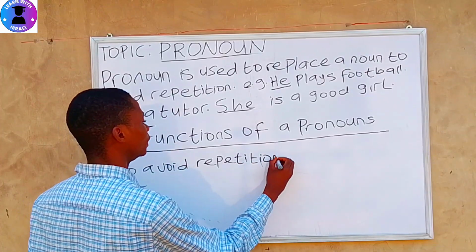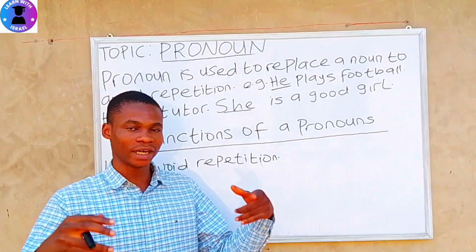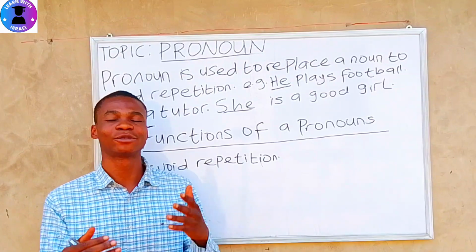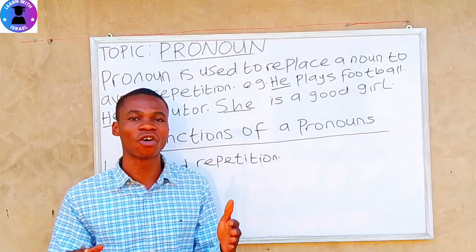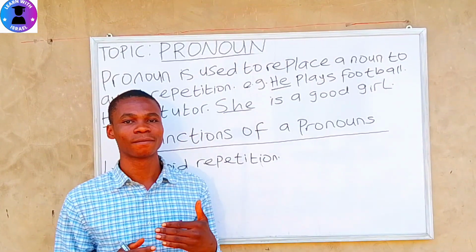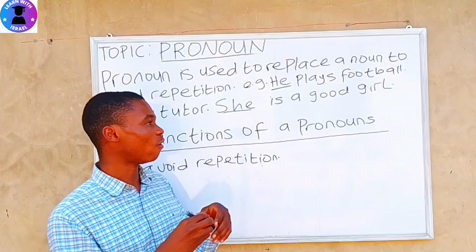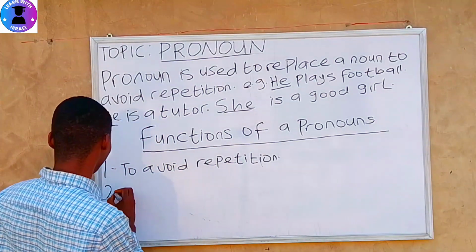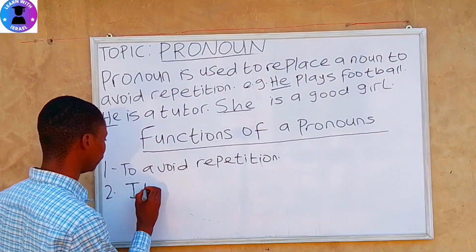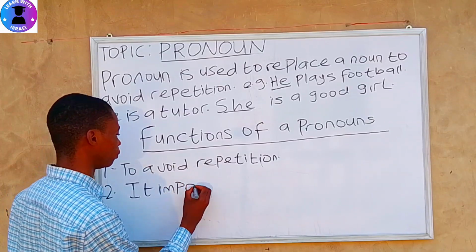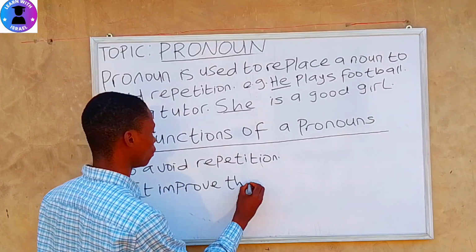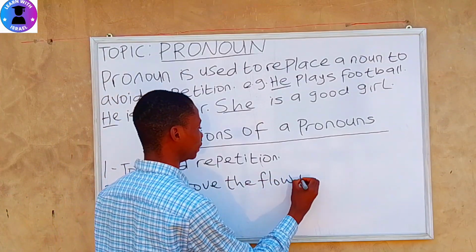So instead of saying Israel is a tutor, Israel teaches JAMB students, you can say he is a tutor, he teaches JAMB students. And that brings us into the second one, which is it improves the flow of sentence. Pronoun improves the flow of sentence.